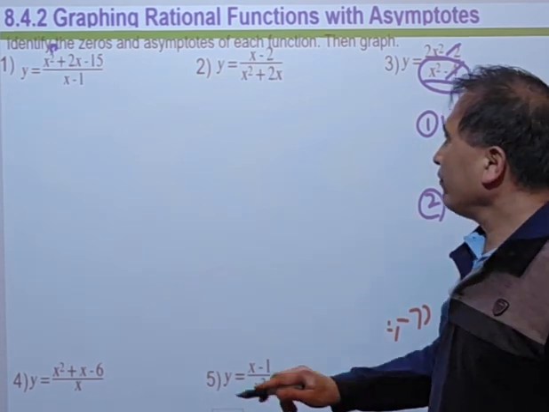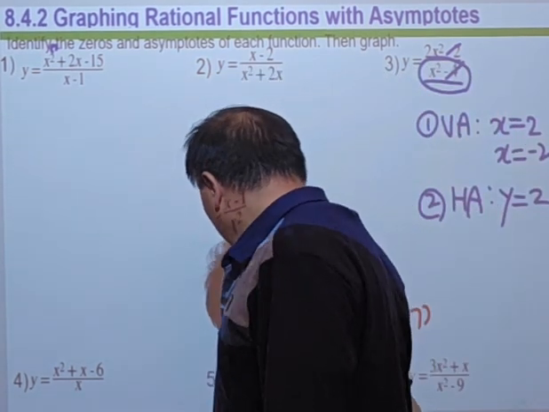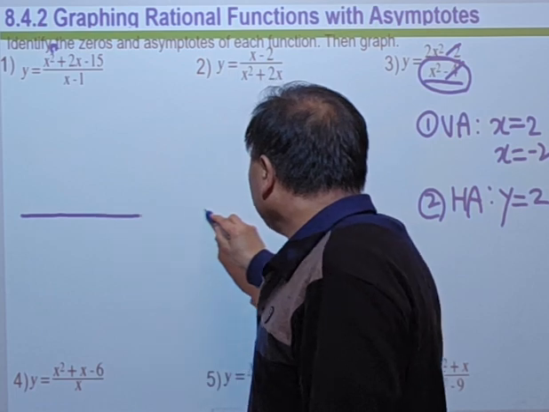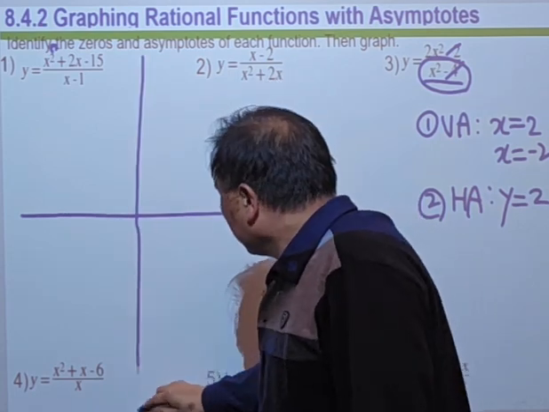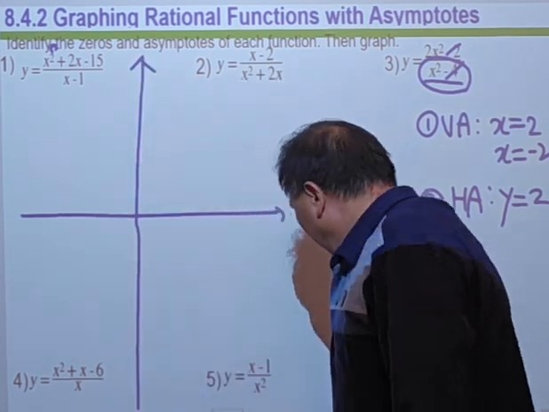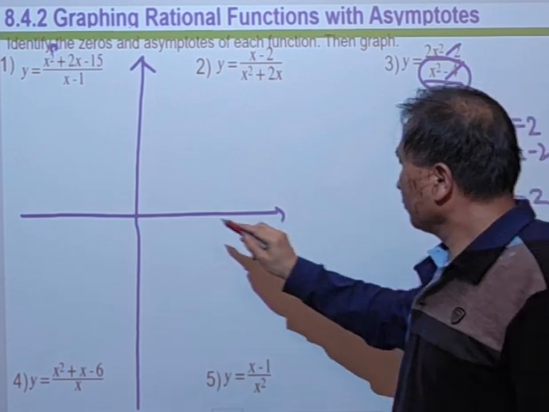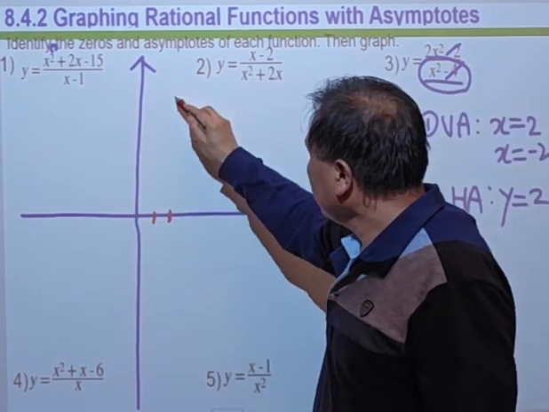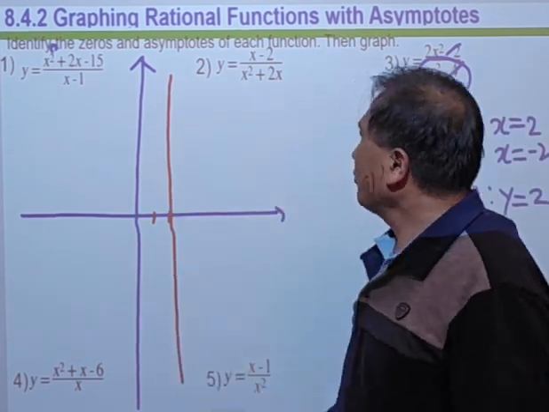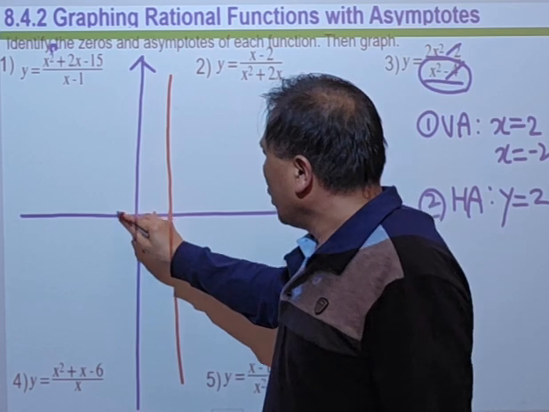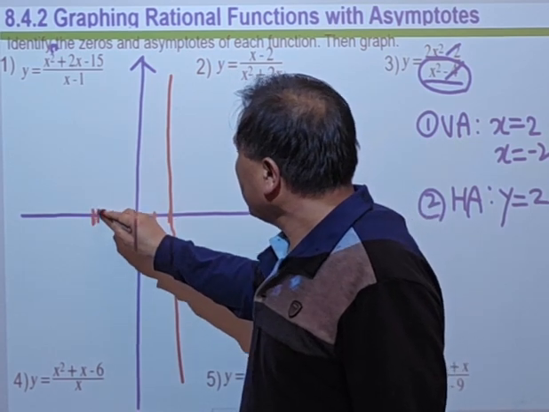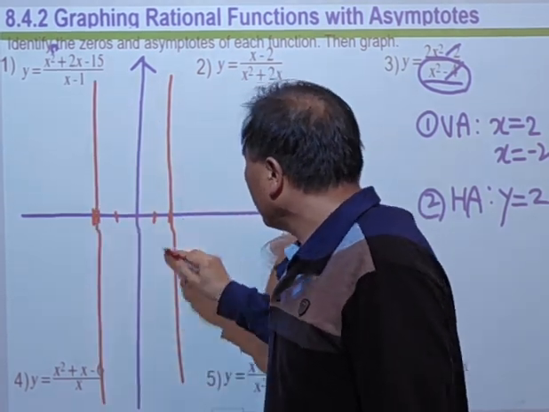So let's draw the graph with those asymptotes. Okay, so x equals 2, let's say right here. That's one vertical asymptote. 1, 2, that's -2. So that's the other vertical asymptote.